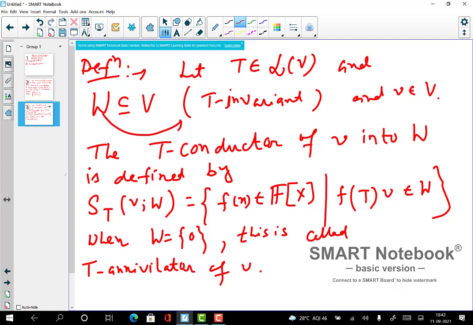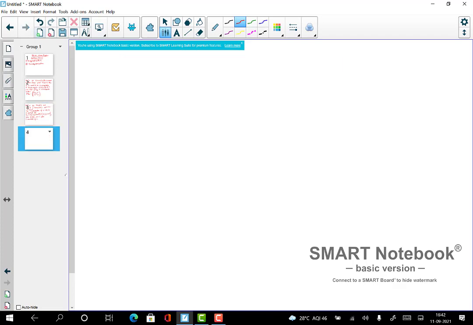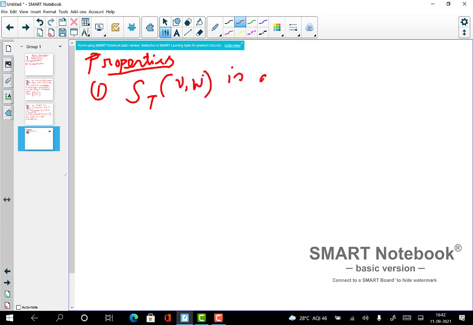Now it is very easy to check that this collection has nice properties. In fact, it is an ideal of the polynomial algebra.